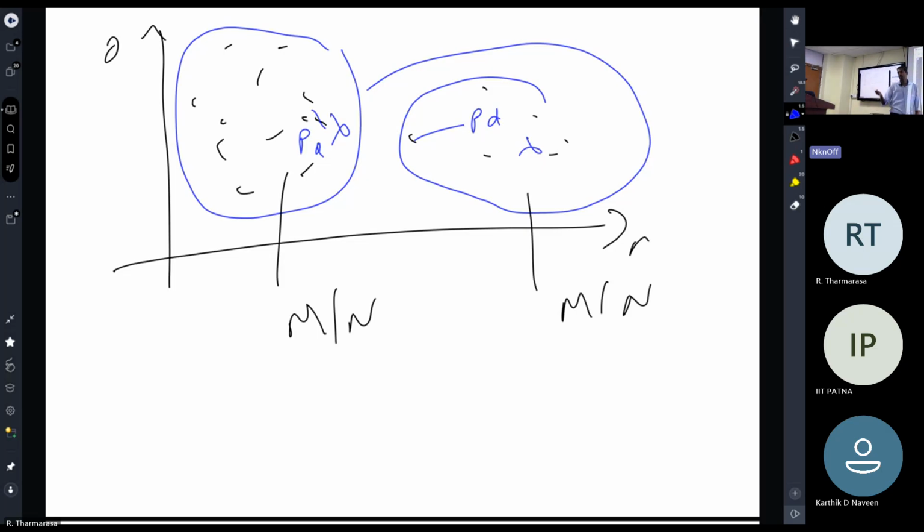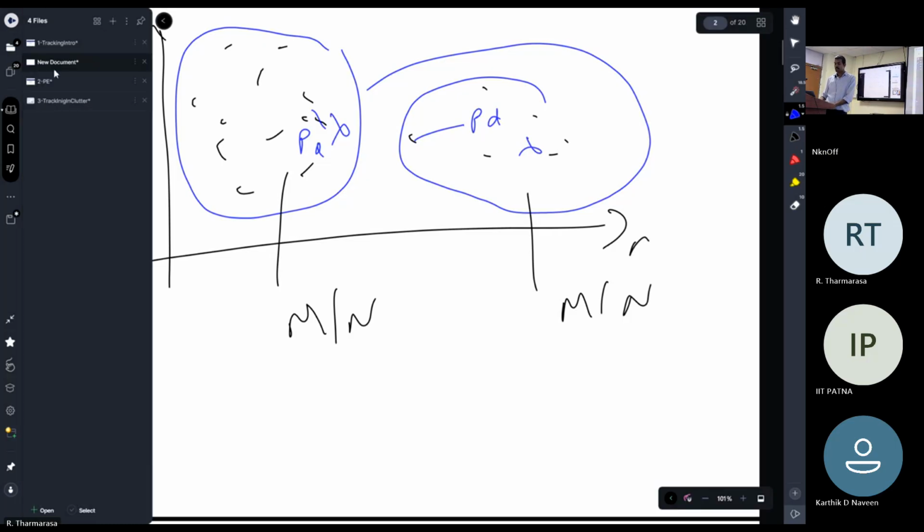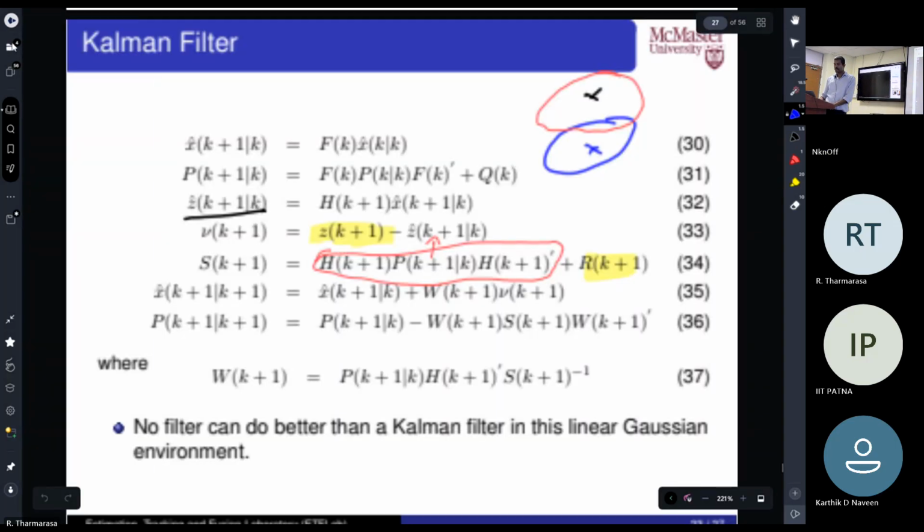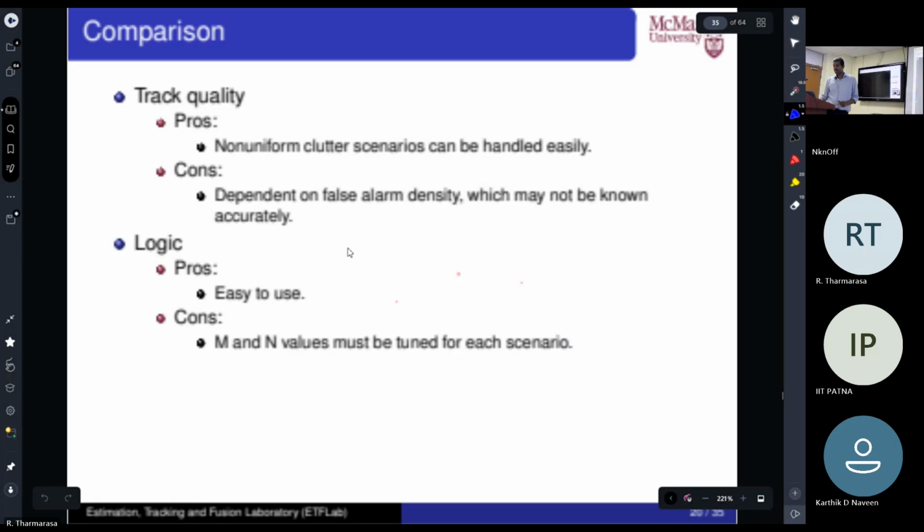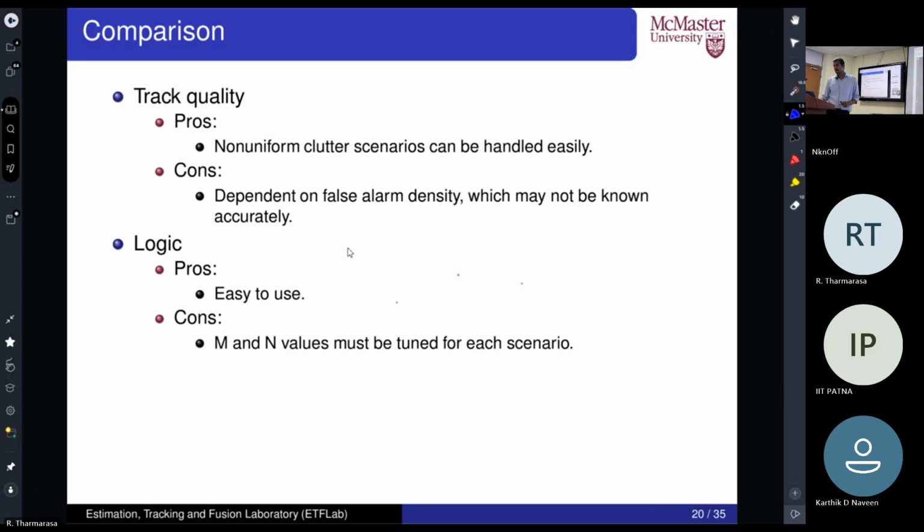But the main problem is that you need to know the PD and lambda for each measurement accurately. If you know them accurately, quality base is better. Logic base, I would say, is easy, but it's hard to tune for different regions.